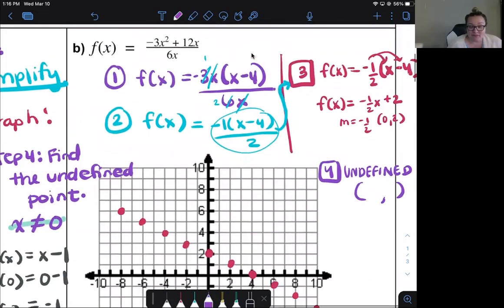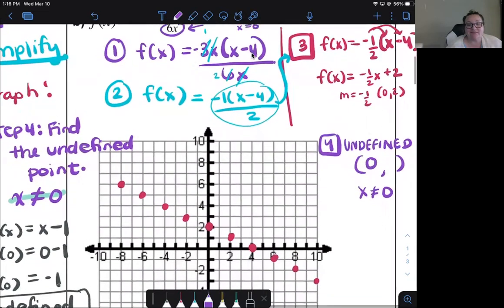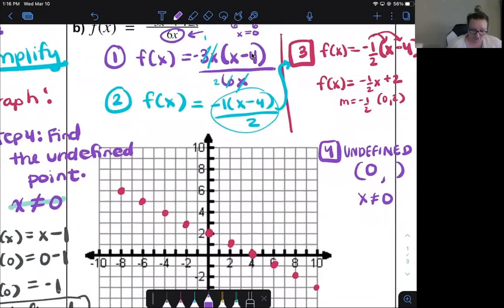What is x not allowed to be? Well, if I look at my denominator here, 6x, for 6x to equal 0, I would get x equals 0. So that means x is not allowed to be 0. So I'm going to use the x value of 0 and plug it into my simplified equation. Because if I plug it into the original rational expression, I'm going to get undefined.